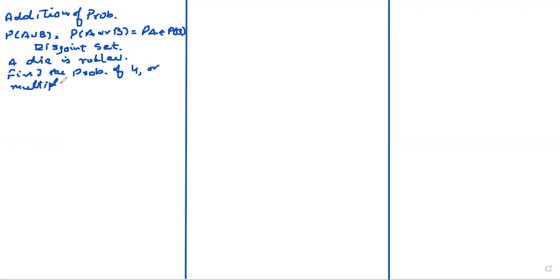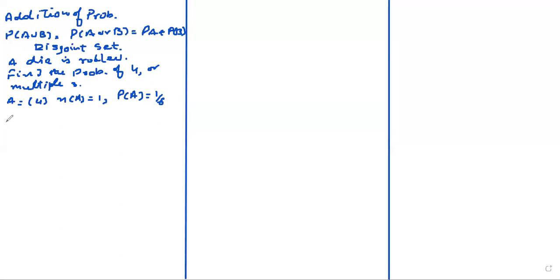So these are the two events. Event A is 4, so n(A) equals 1. So probability of A equals 1 over 6, as n(S) is equal to 6.